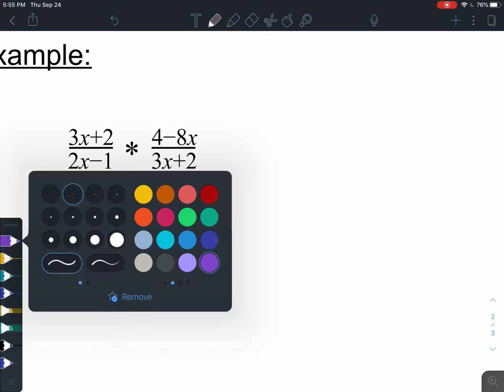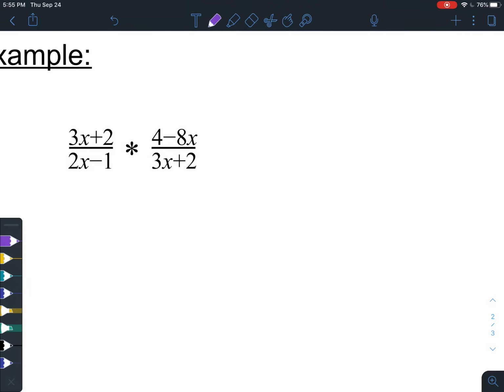First, let's factor these down. So this is the same thing as (3x plus 2) over (2x minus 1) times, I'm actually just going to use a dot from here on out, times 4 times the quantity (1 minus 2x), and then (3x plus 2).